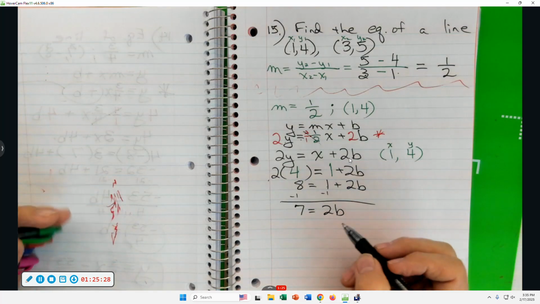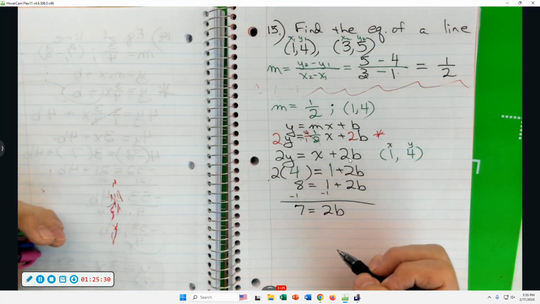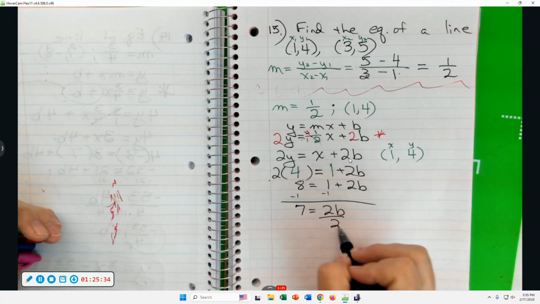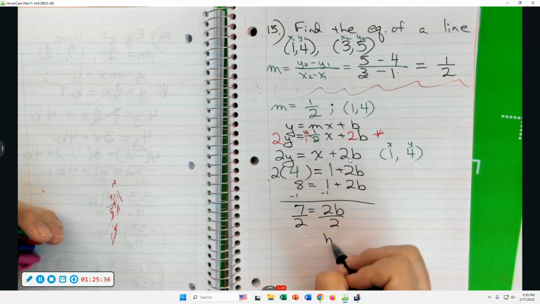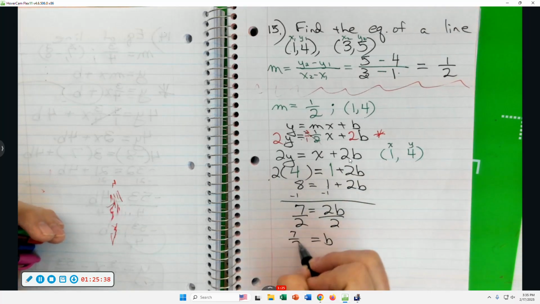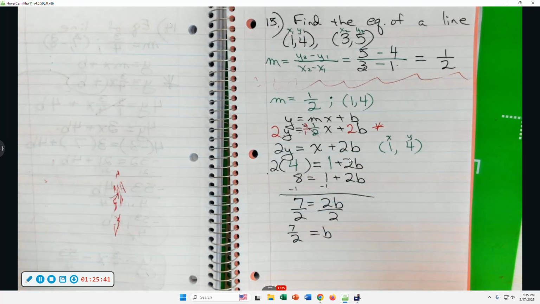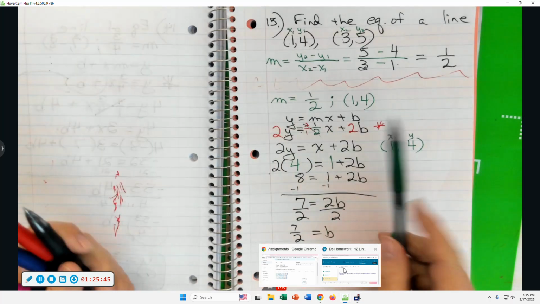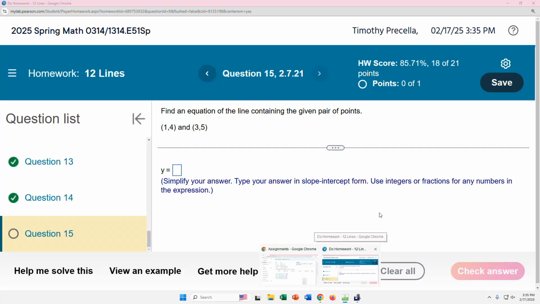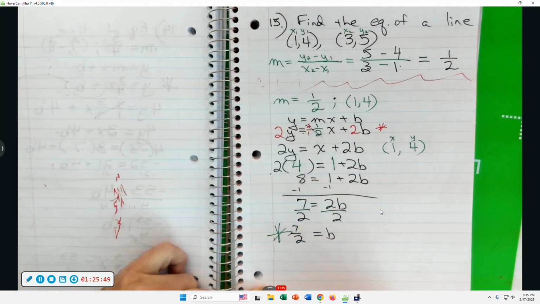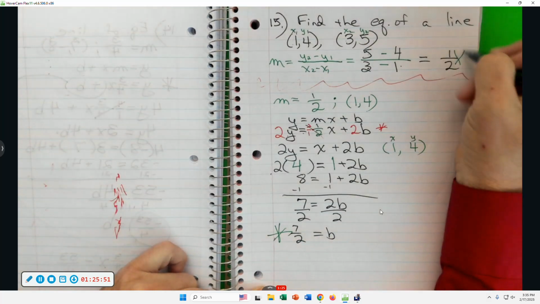We're trying to get b by itself. b equals 7 over 2. So we divided by 2 to get b equals 7 over 2. That's not the answer. The answer is y equals mx plus b. We know here's 7 halves and here's the slope.